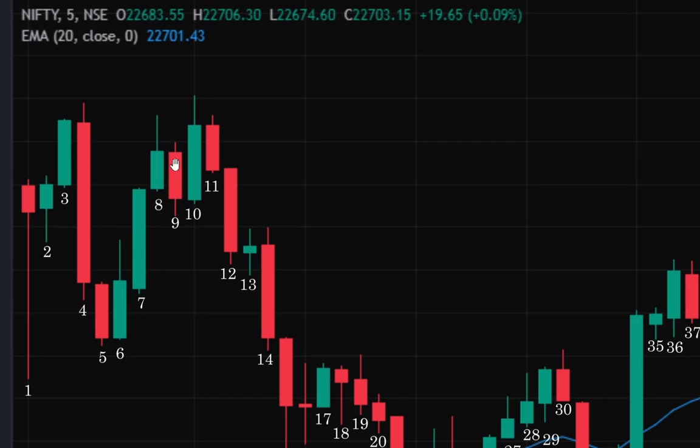So our signal bar will be bar 11. Once the price moves below this bar 11, we have to short or sell our call, and our stop loss will be 10 rupees.